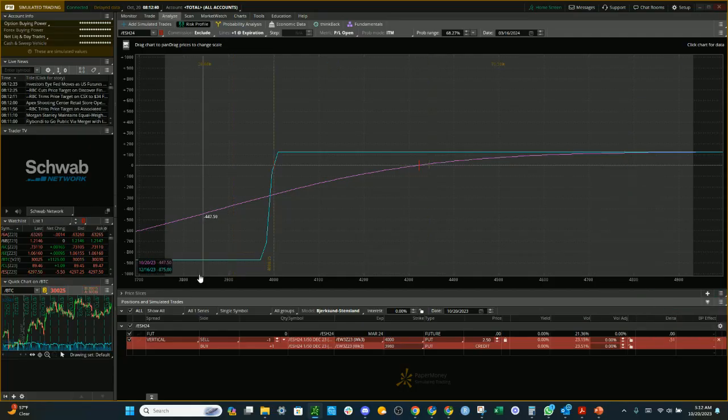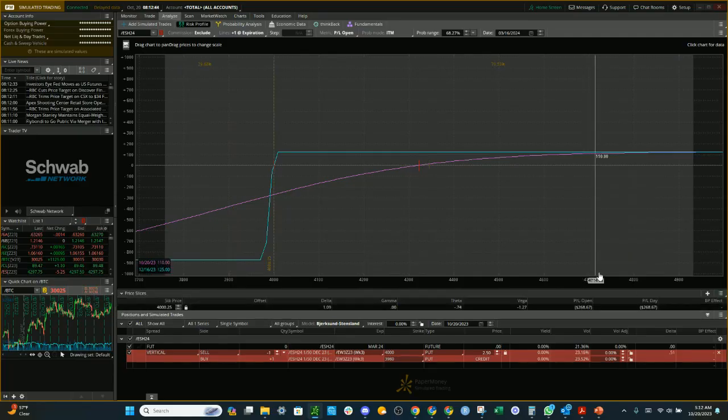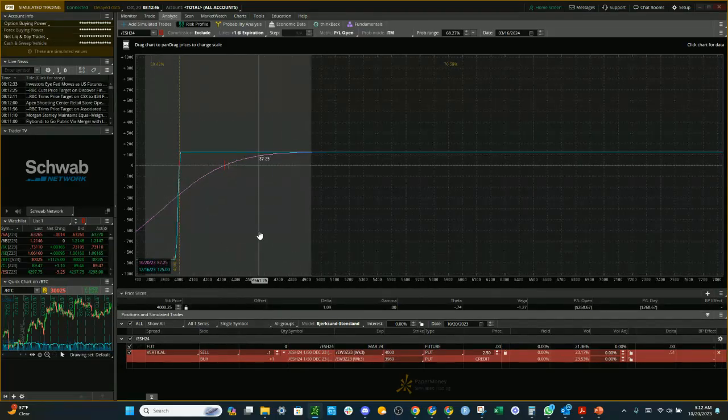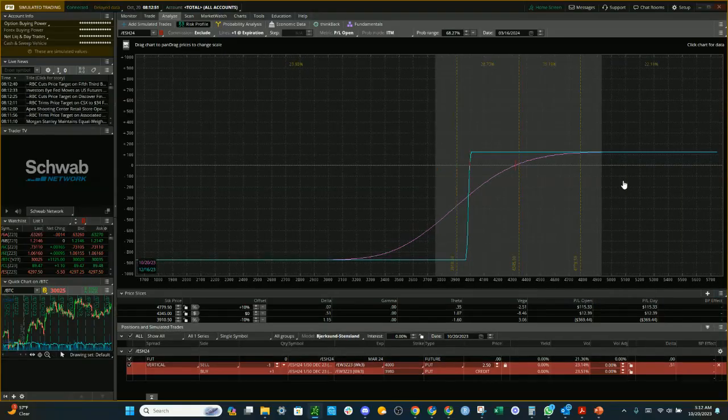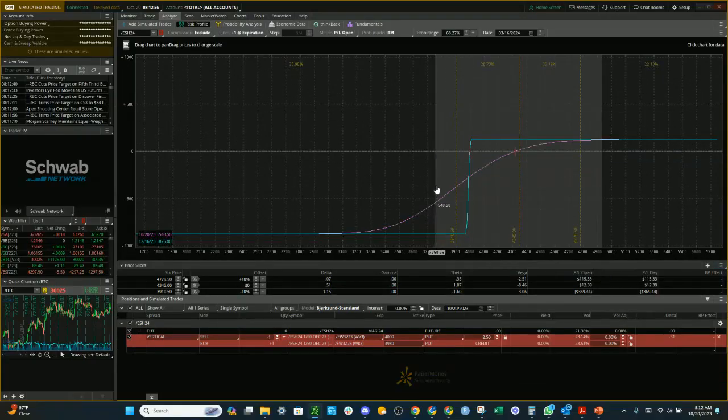Okay, these are slightly off. My price slices are here. You need to open this up. Again, the markets are closed, so the numbers are probably off here. Now, this is not showing the right number. It's taking me down to 37.41. That's a little bit off, but we'll take the trade for demo purposes.